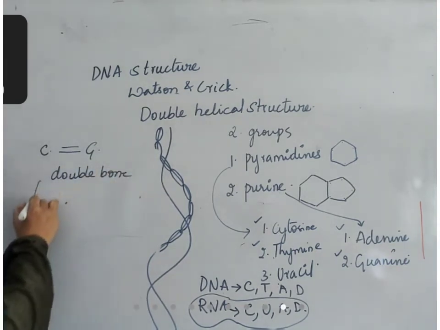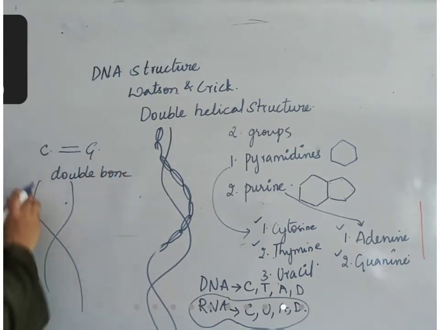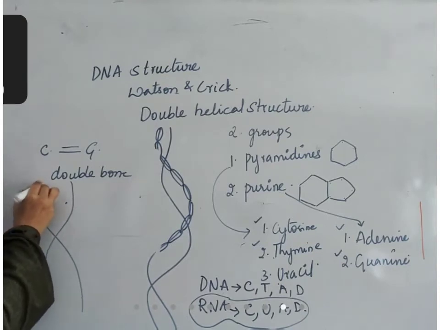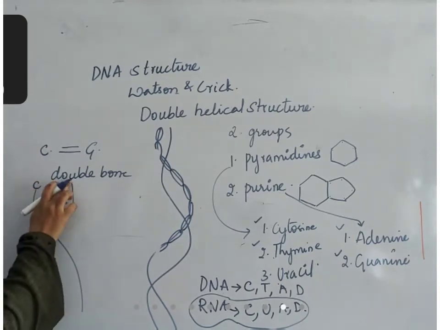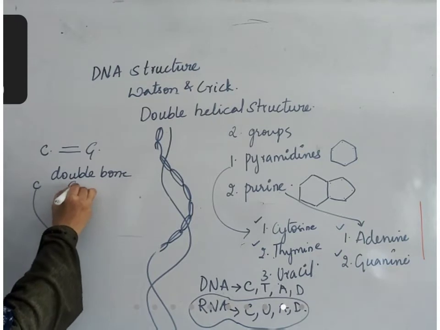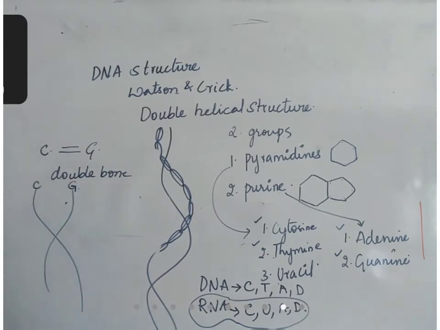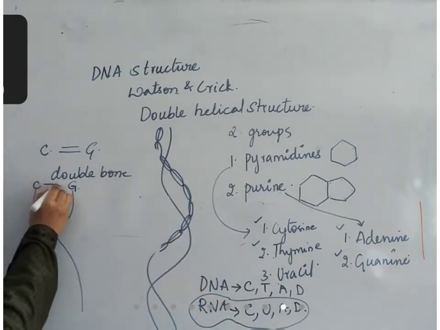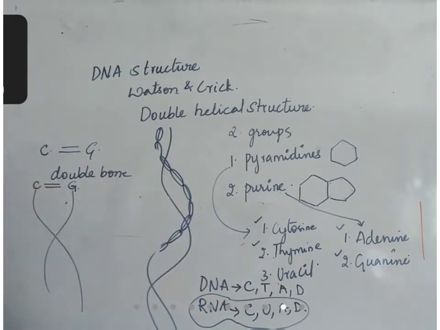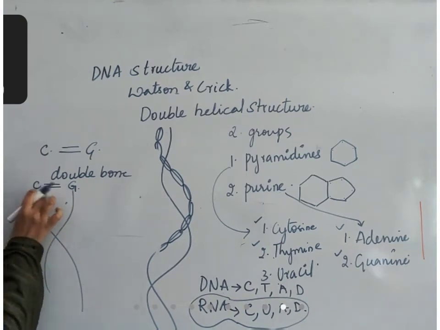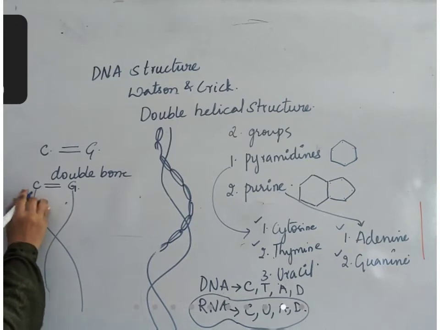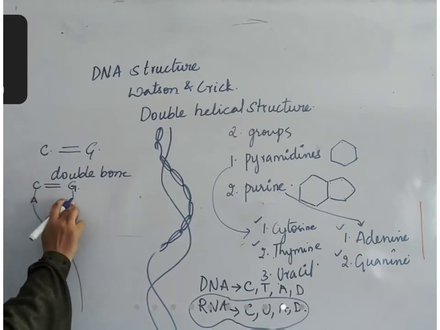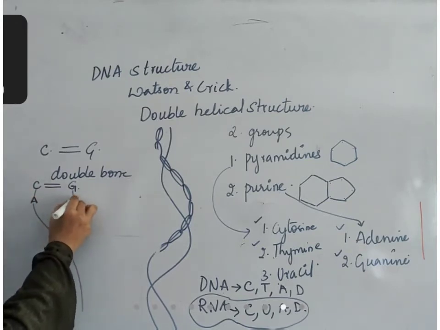That means you're drawing two strands like this. If this nucleotide has cytosine here, this nucleotide will definitely have guanine. Why? Because a bond cannot be formed between any other compounds. Only cytosine and guanine can form the bond. Always one purine and one pyrimidine is present. If suppose here adenine is present, definitely here thymine is present.